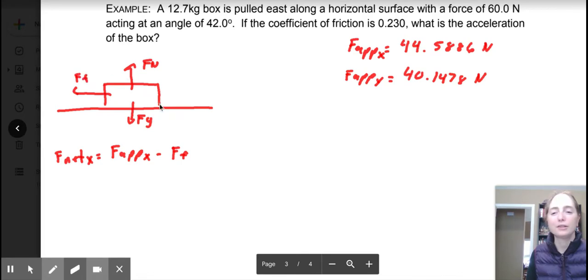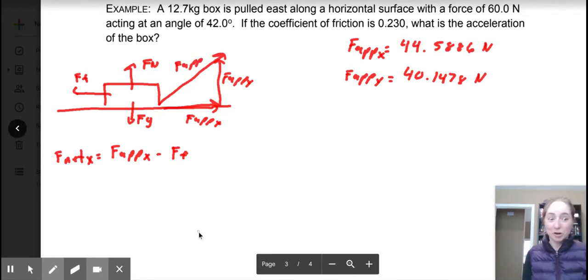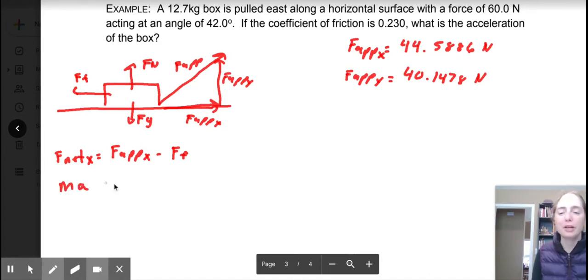Okay, we're back. At least a workable amount of info here. So, ladies and gentlemen, when we re-break this down, we're going to be looking at our mass times our acceleration.